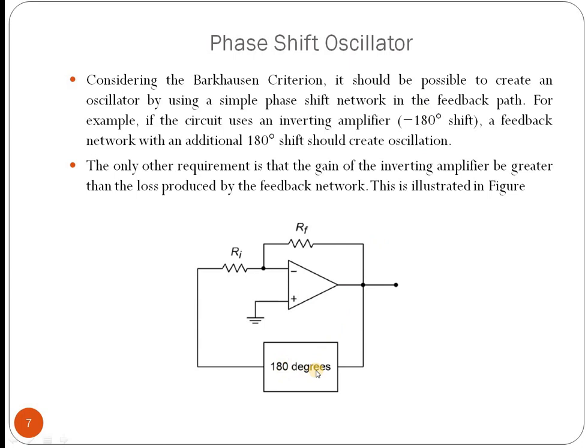If we add an additional 180 degrees phase shift in the feedback path, then it will create the oscillation. So the requirement will be only that the gain of the inverting amplifier should be greater than the loss produced by the feedback path. Then self-oscillation will be created.